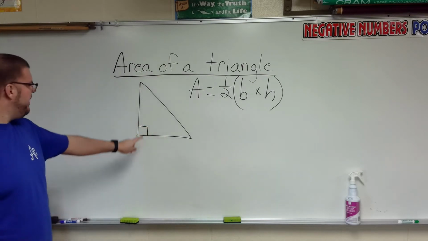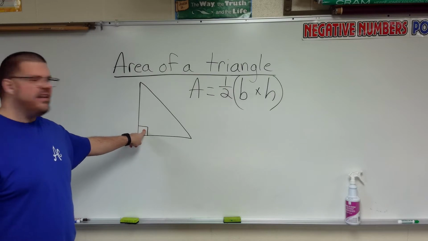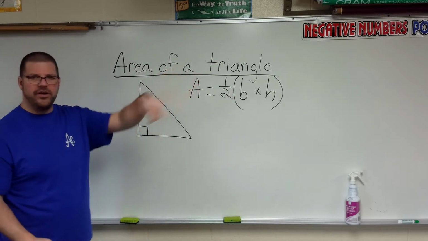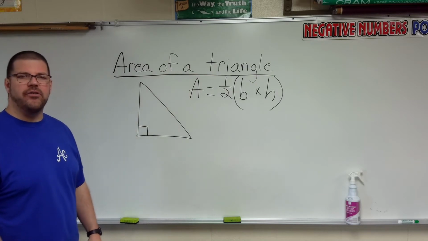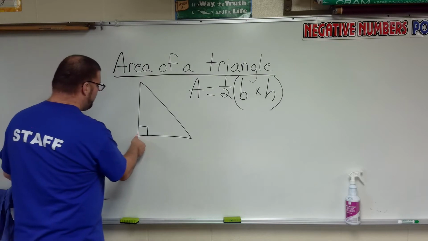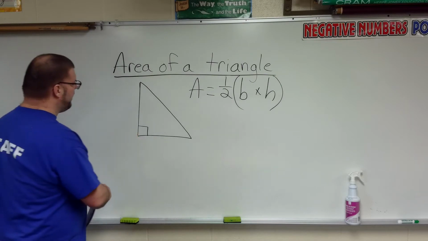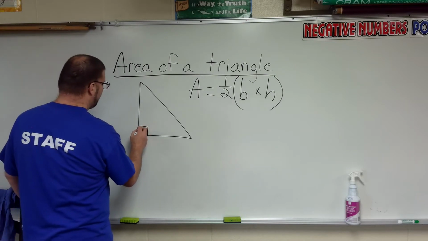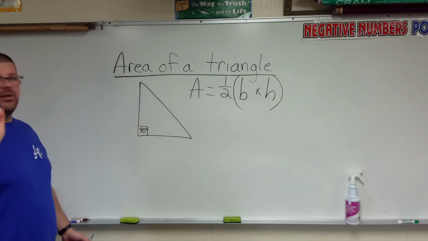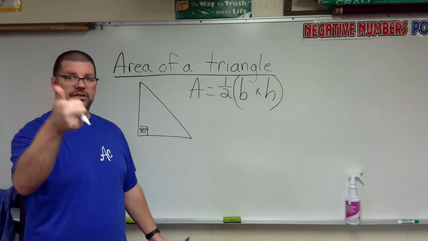Do you guys remember what that little corner means? It is a right triangle, right? Just like how the corner of a square or a rectangle has right angles. Okay? So when we have that, we know that this equals 90 degrees. Don't have to really know that right now, but if you can put it in your memory bank, you're a step ahead.